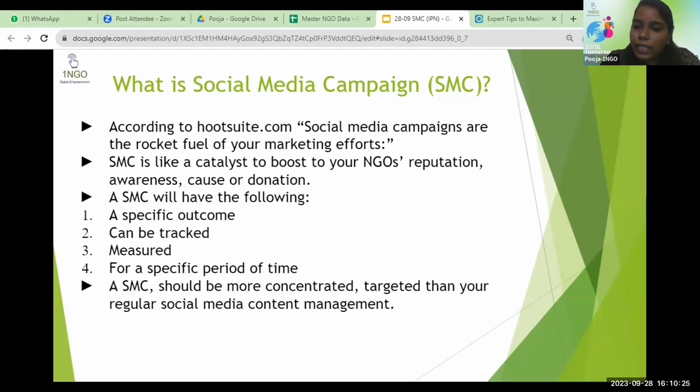Social media campaigns are different from social media content management. In content management, you just create and share the content, but in a social media campaign you will have a very specific objective and a specific audience who will get a specific message from the platforms.